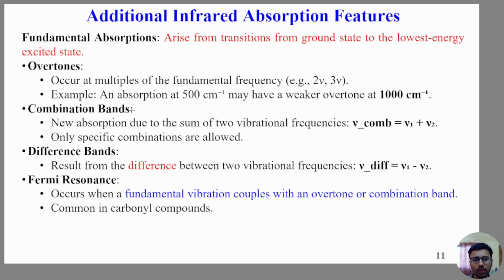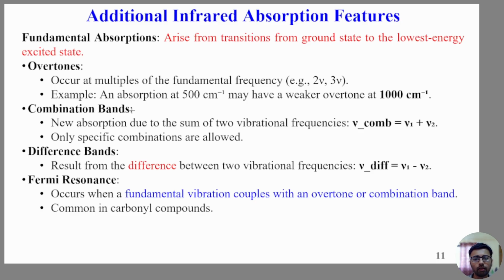Next, we have combination bands. Combination bands occur when two different vibrational modes interact simultaneously. Instead of absorbing energy corresponding to a single vibration, the molecule absorbs energy equal to the sum of two vibrations. Mathematically, we express this as nu combination equals nu1 plus nu2.